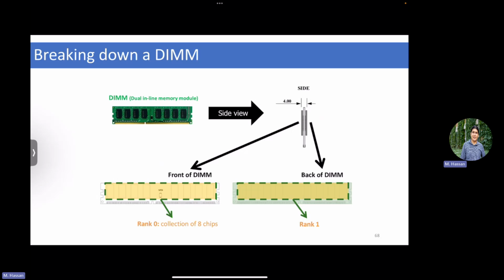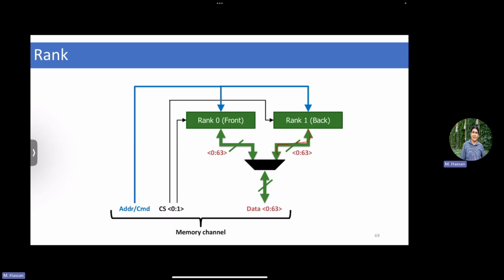Here is an example of the parallelism of the rank, and it's also a justification why even ranks are not truly independent. Even if you have separate data buses within a rank, at the end of the day you would have a mux that only chooses 64 bits of data, either from rank 0 or rank 1.